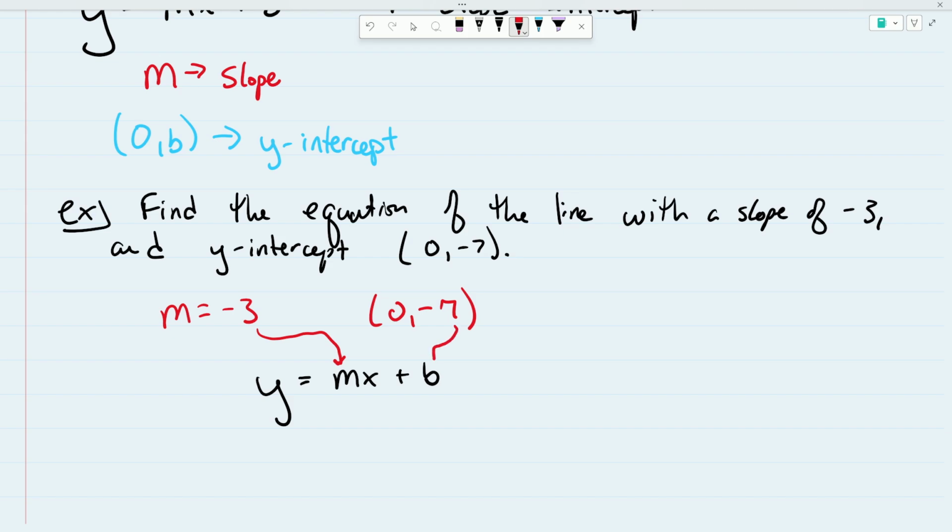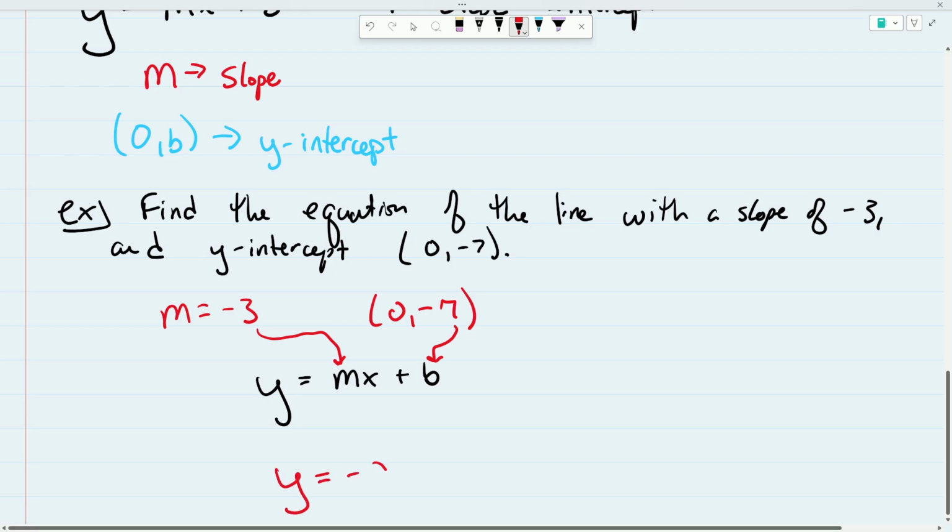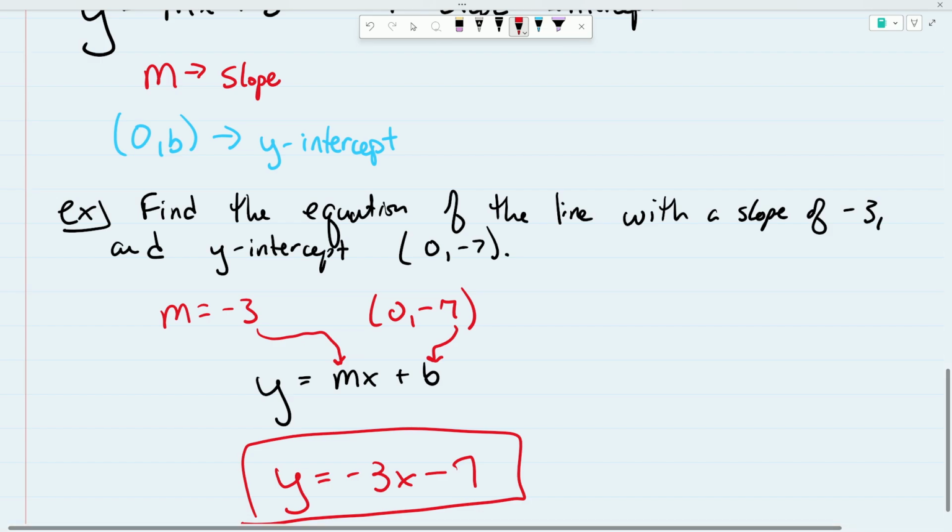And instead of writing the letter b, I'm going to replace it with a -7. So I get y equals -3x minus 7. And that's it. That's as hard as this gets. But the thing you have to remember is, what am I given? If you're given the slope and the y-intercept, you can use slope-intercept form.